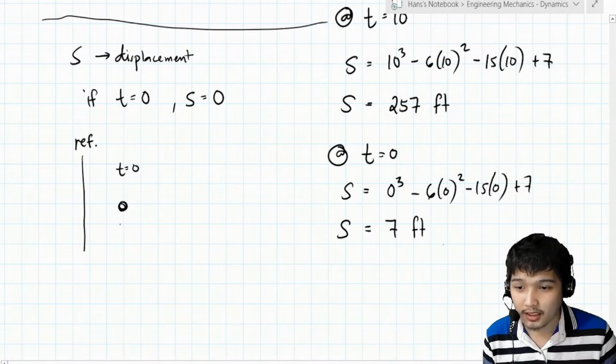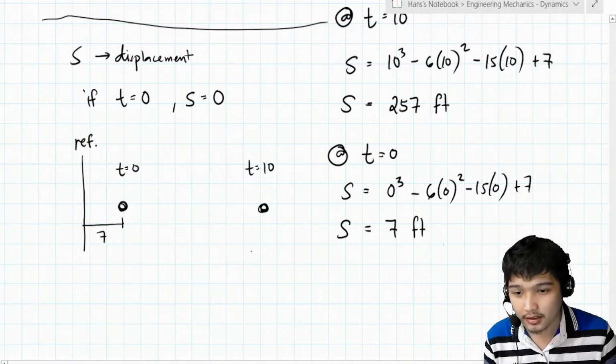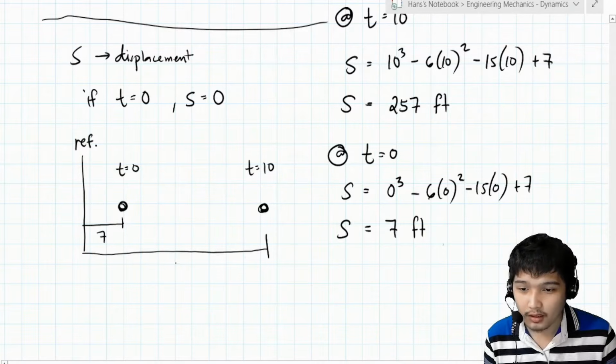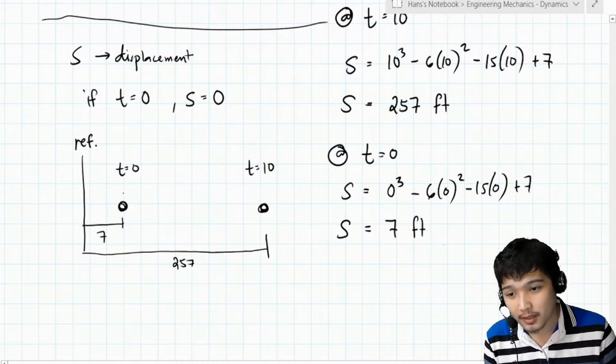So, meron na siyang S measurement na 7. So, at time is equal to 10, andito na siya. So, with respect sa reference, 257 na siya.